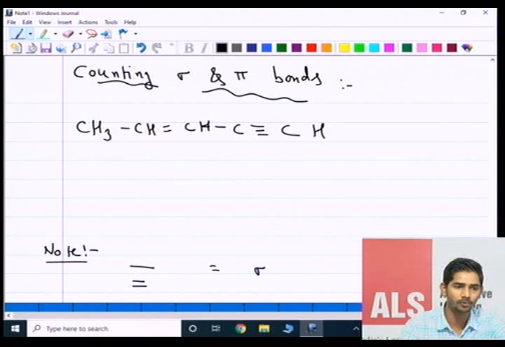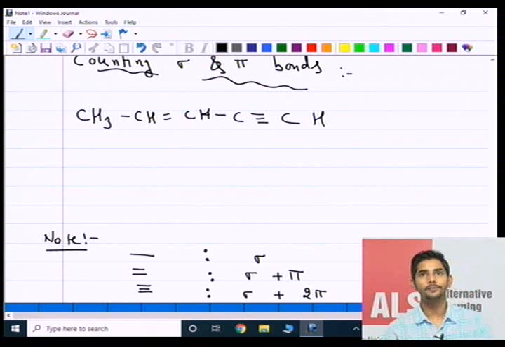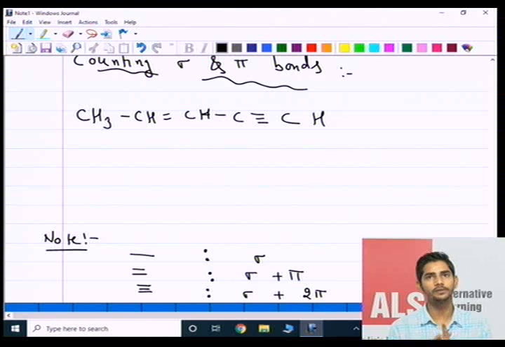Whenever there is a double bond, there will be 1 sigma, 1 pi. Whenever there is a triple bond, you will get 1 sigma and 2 pi. Okay? Single bond, sigma. Double bond, 1 sigma, 1 pi. Triple bond, 1 sigma, 2 pi. Okay, you have to remember this one.